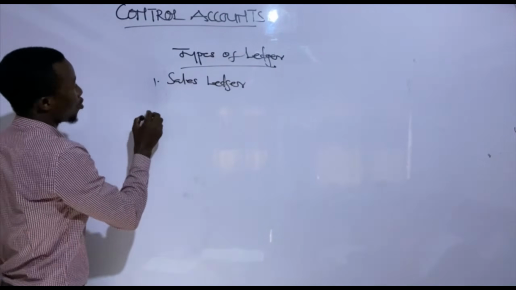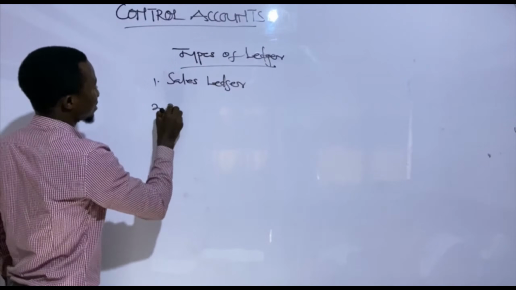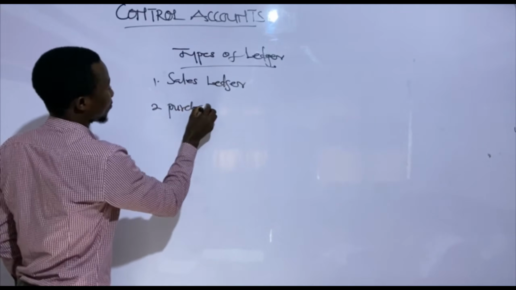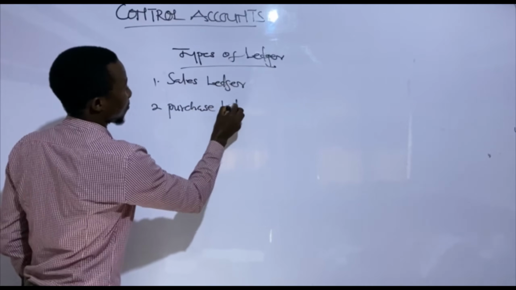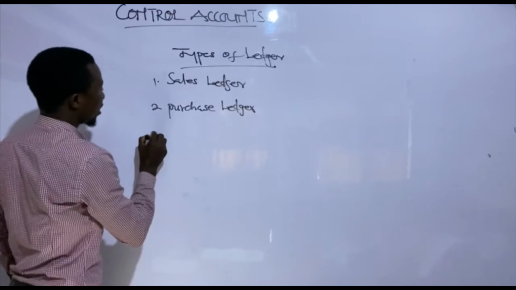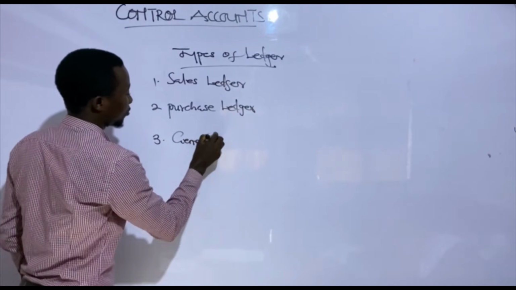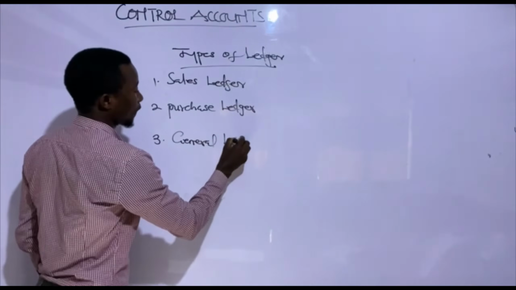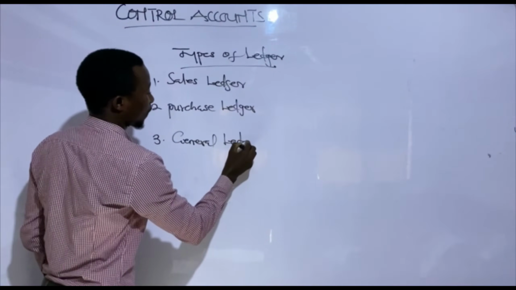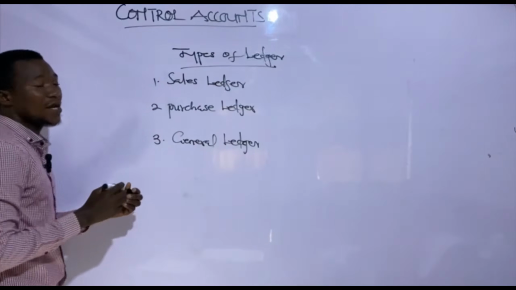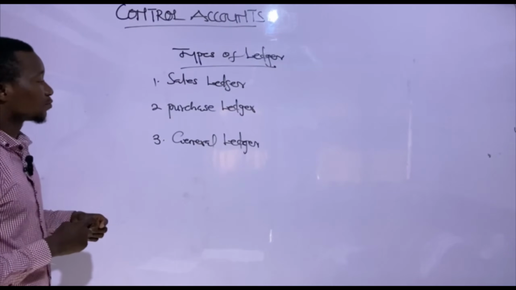We have what we call purchases ledger or purchase ledger. And finally, we have the general ledger. Alright, so these are the three types of ledgers.